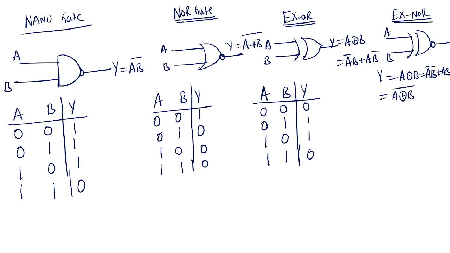For even number of inputs, when the inputs are the same, the output is high. 0 0, 0 1, 1 0, 1 1: the output is 1 for 0 0 and 1 1.